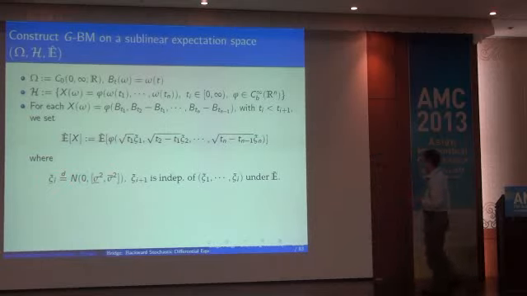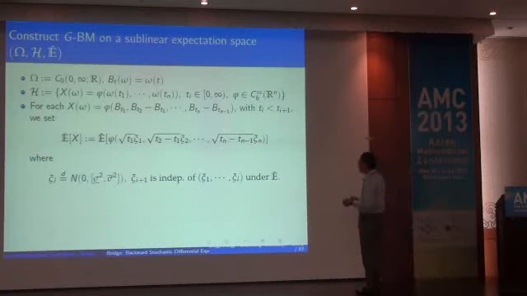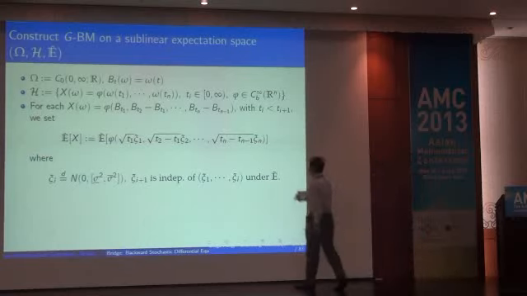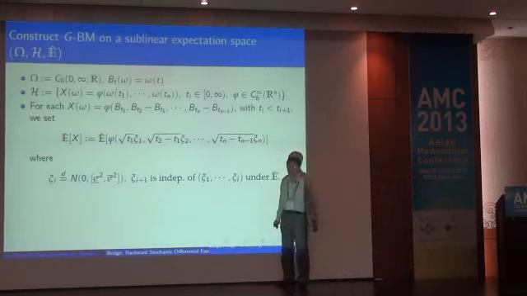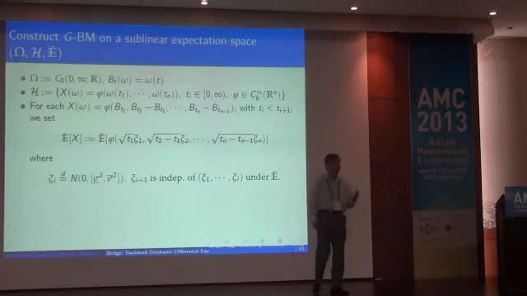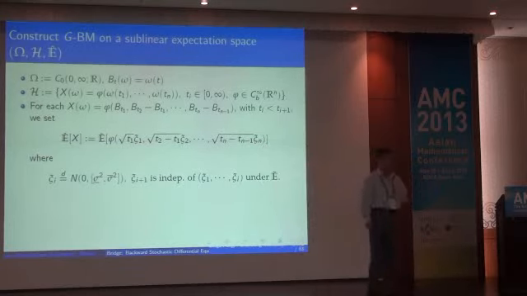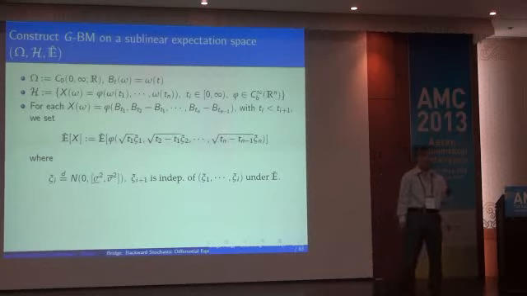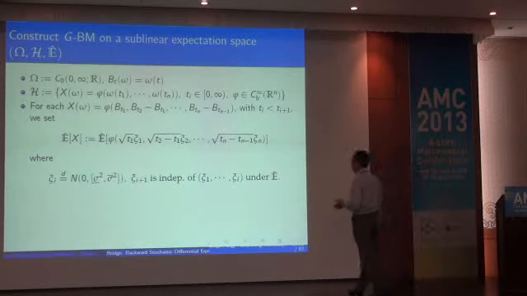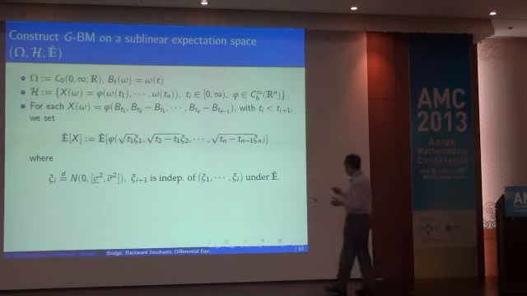Remember that for calculating this G normal distribution, we need to calculate a PDE, which is the G heat equation, which is just a little change of the heat equation.